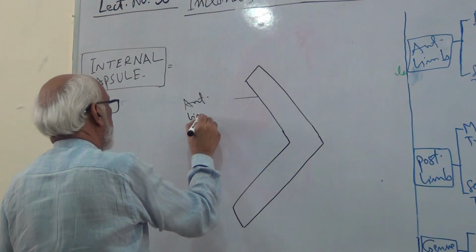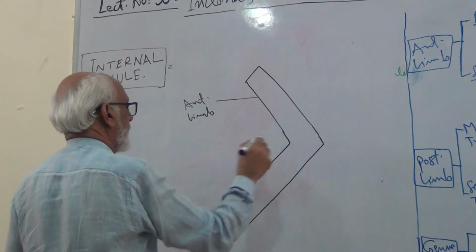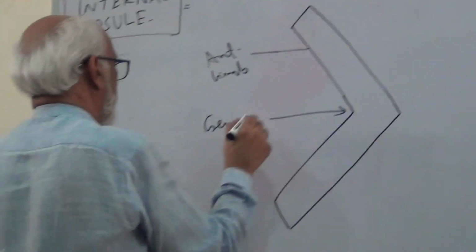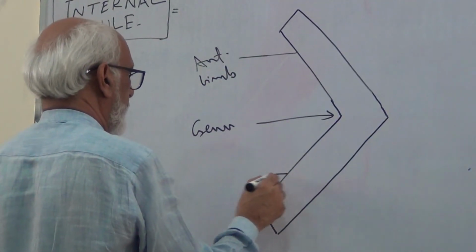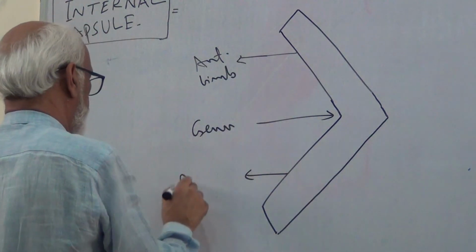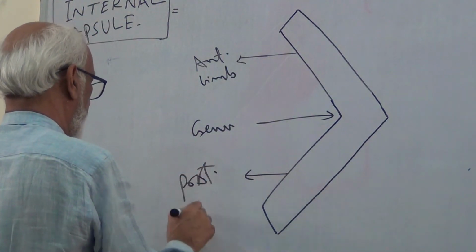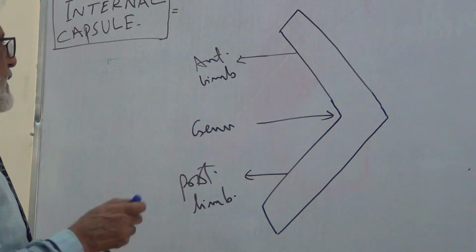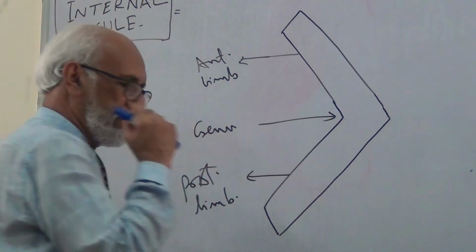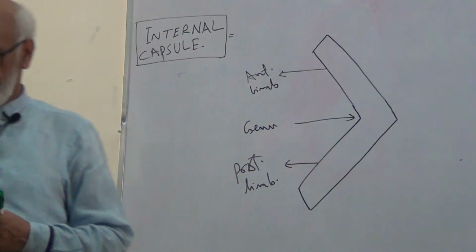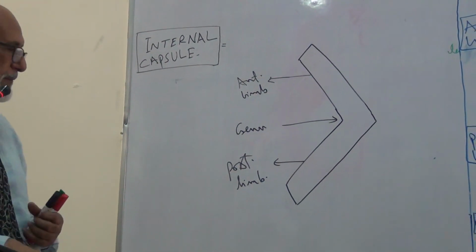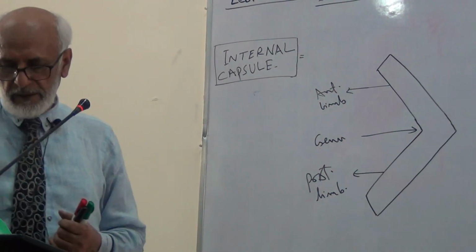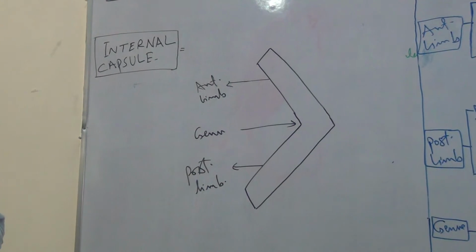Anterior limb of the internal capsule, genu of the internal capsule, and this is the posterior limb of the internal capsule. Now, which fibers pass through different parts of the internal capsule, from which parts of the human body?